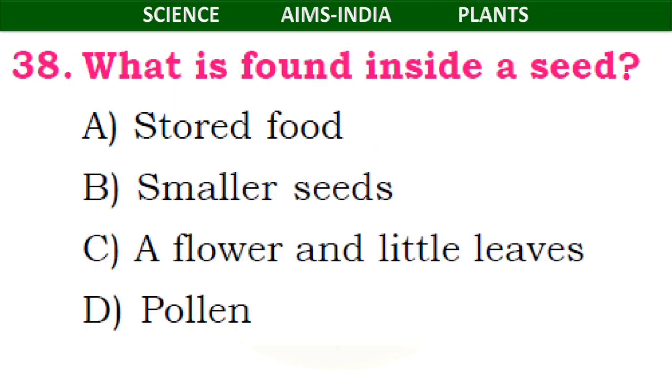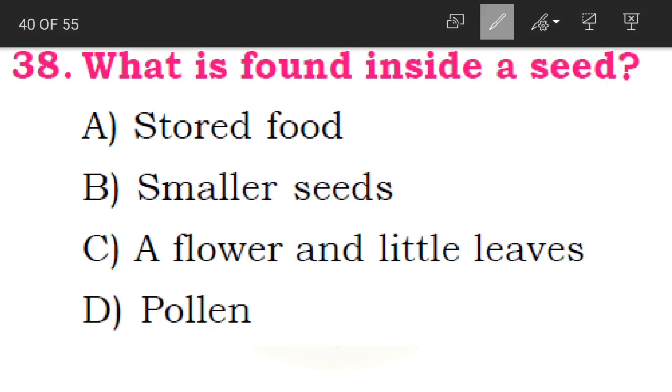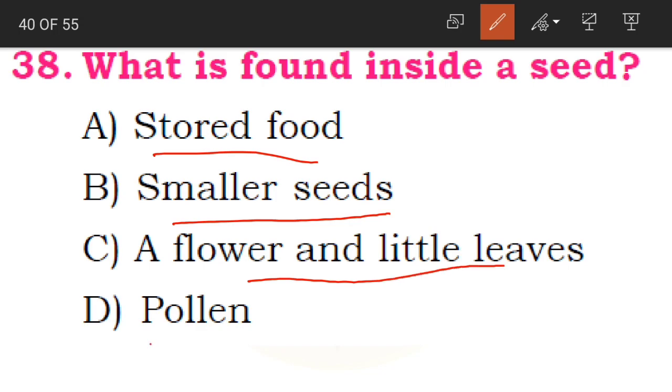Now we'll go with the 38th one. What is found inside a seed? So options are stored food, smaller seeds, a flower and little leaves, pollen. So what did we learn? A seed contains food.